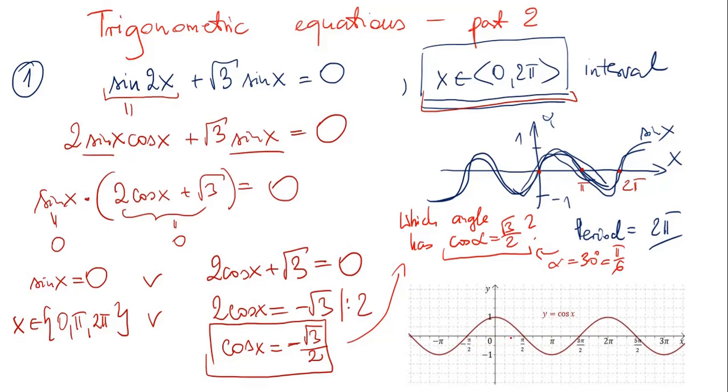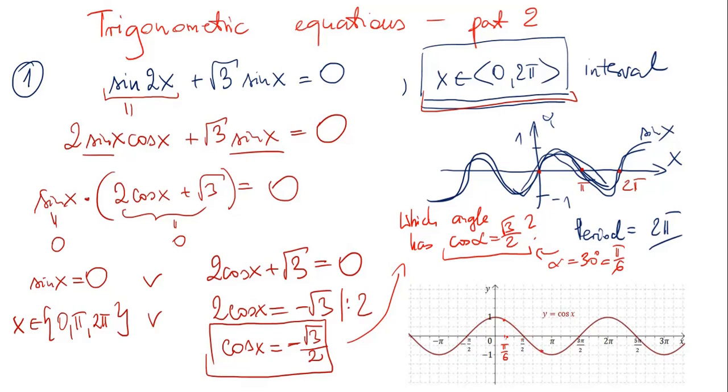If we have pi over 6 exactly here, right? So this number here is this square root of 3 by 2, but we need negative, so we have to go, this function is very symmetric, so this point that we're looking for is going to be here, right?